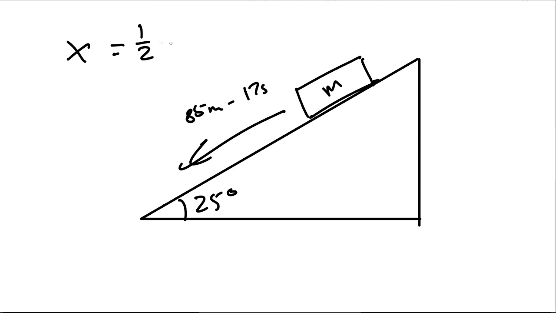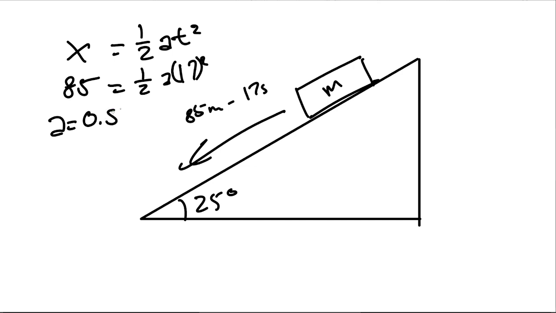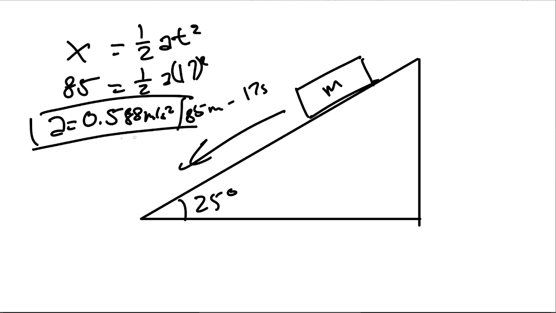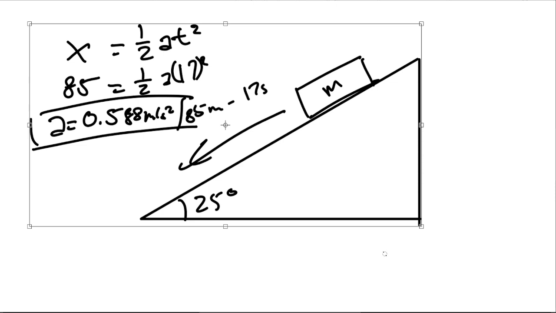So x is 85, t is 17. So this is 1/2 times a times 17 squared, right? I'm pretty sure a is equal to 0.588 meters per second squared. Okay, so that's our first part. That's our acceleration.